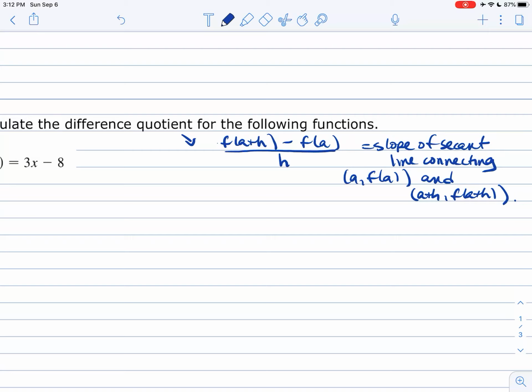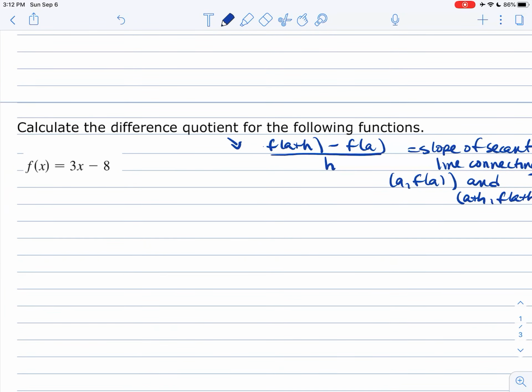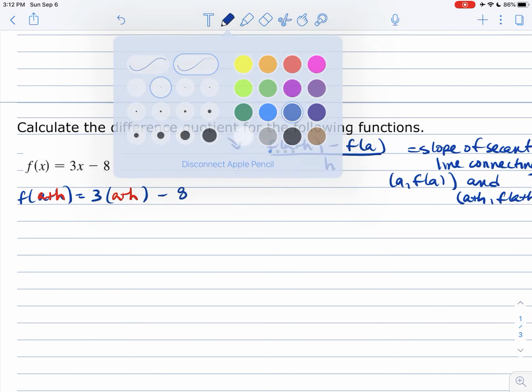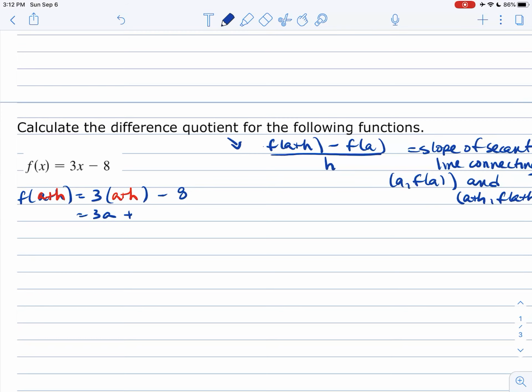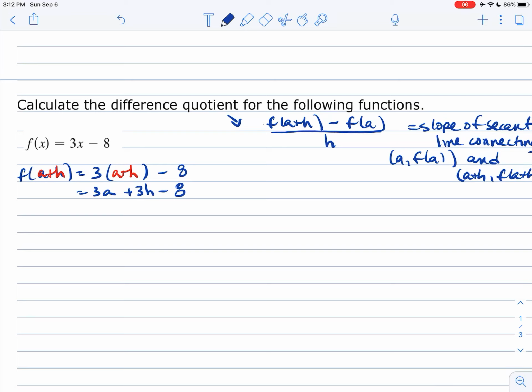And since they're arbitrary points, then we can actually apply that formula for slope to any point a on our graph. All right, so we have f of x equal to 3x minus 8. What is f of a plus h? Well, wherever x appears, we're going to substitute a plus h. So we're going to put in here a plus h, because that's what we have as our input value, and we can clear our parentheses to get 3a plus 3h minus 8.